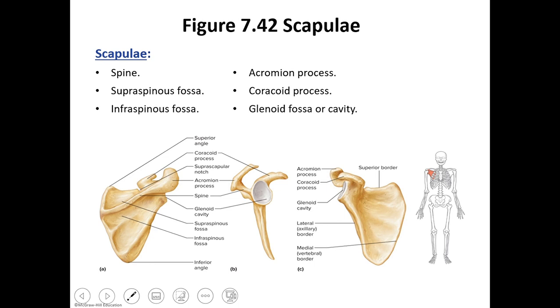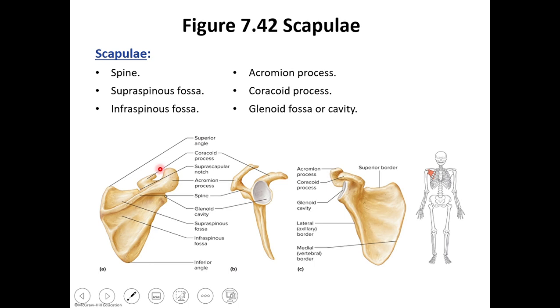Now, if this is the spine of the scapula, if you go above the spine, you have the supraspinous something. And if you go below the spine of the scapula, you have the infraspinous something.